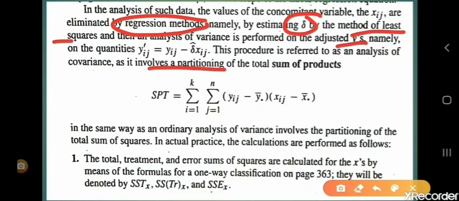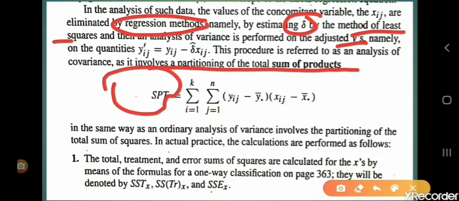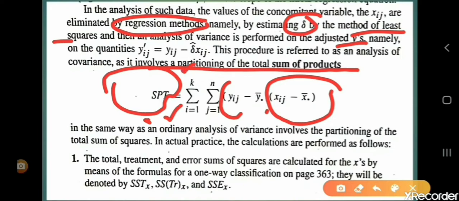So here the total sum of products is given by the summation of yij minus y bar dot, multiplied by xij minus x bar dot, where i is varying from 1 to k and j is varying from 1 to n.